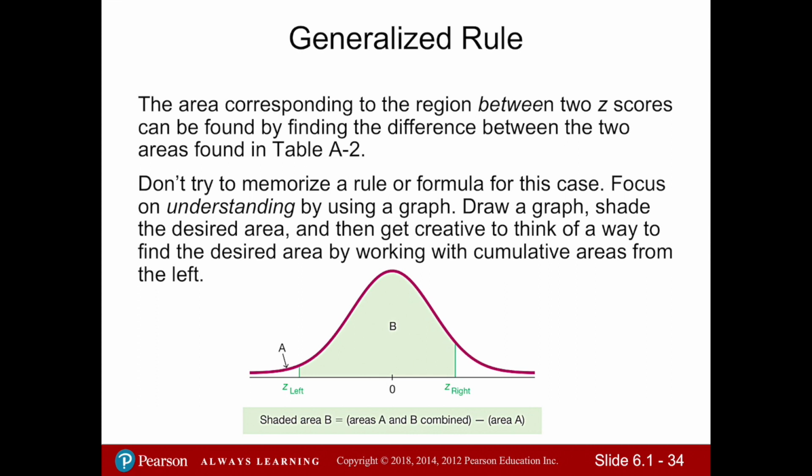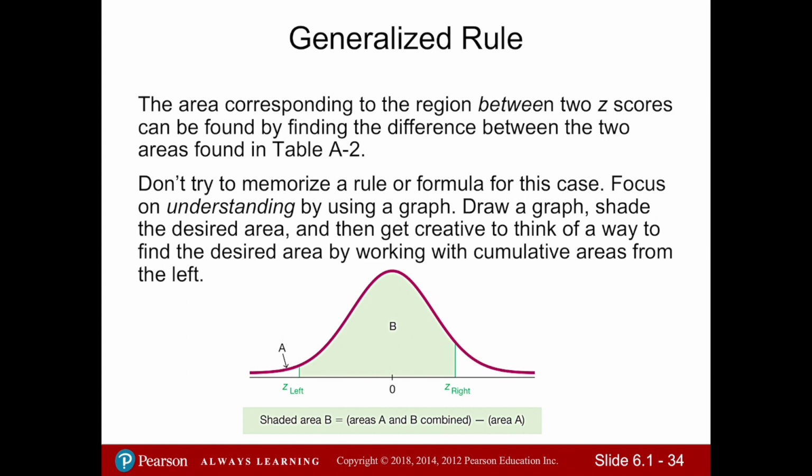The generalized rule for finding the area between the two curves can really be thought of as this generalized area right here. What we want to try and do is not memorize a rule or formula, but really understand what the graph is doing.